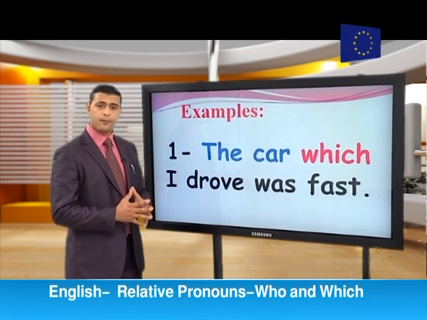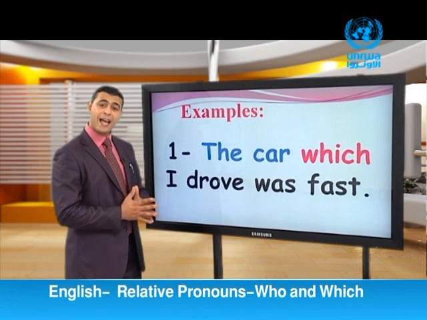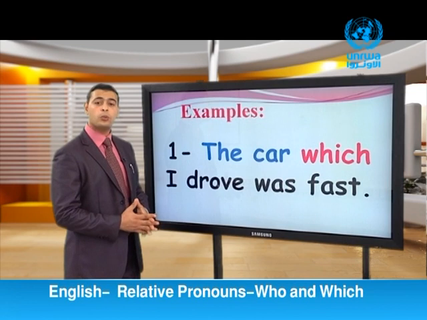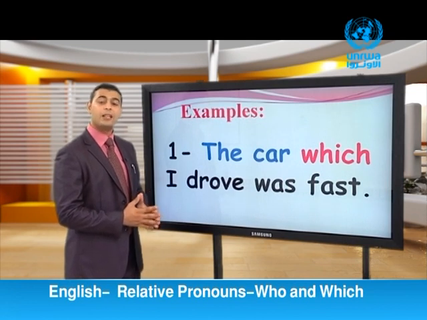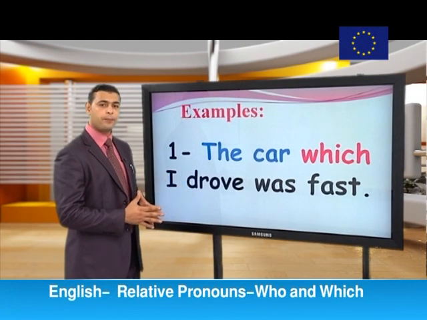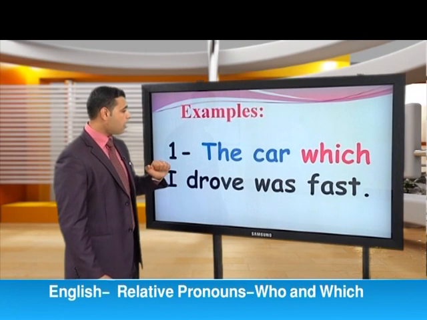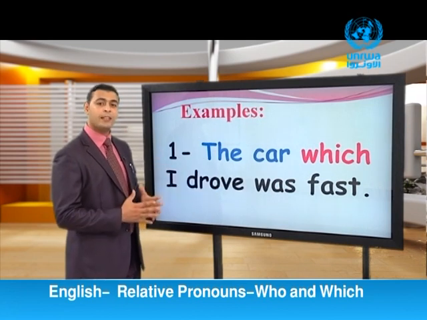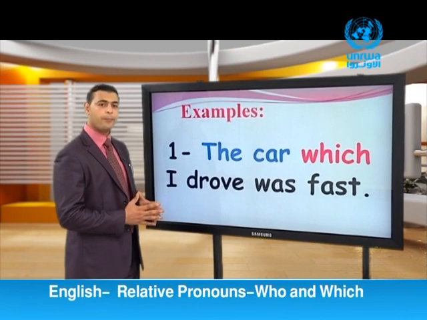It's a thing. So we use the relative pronoun which to add more information about this car. Let's read the sentence for the last time. The car which I drove was fast.